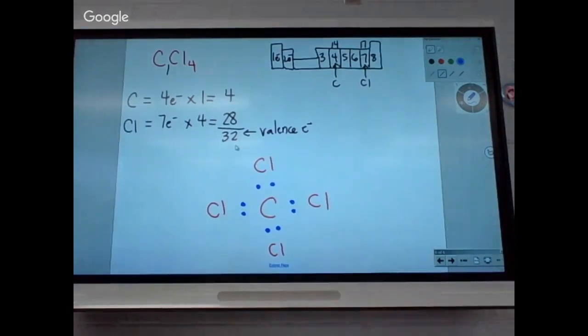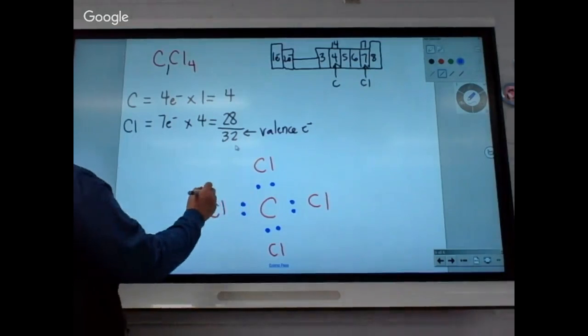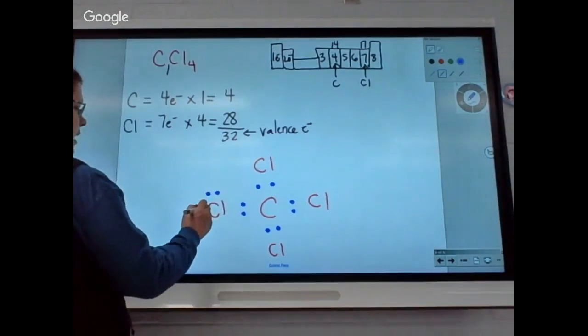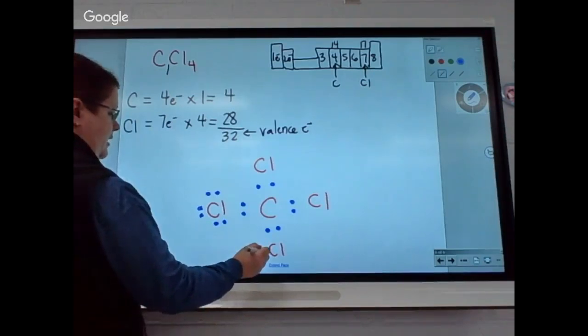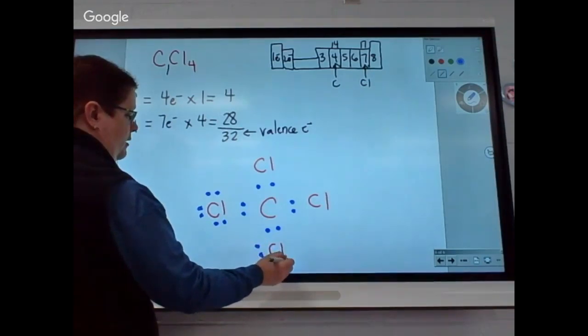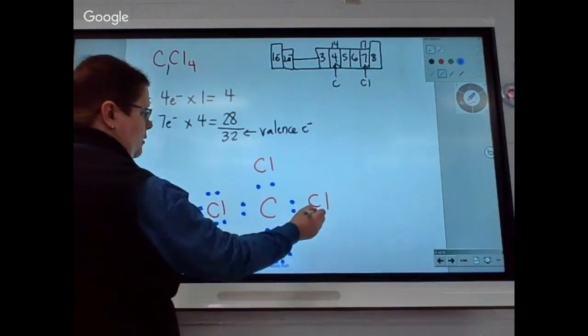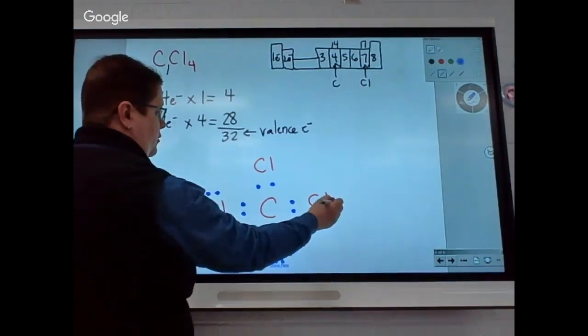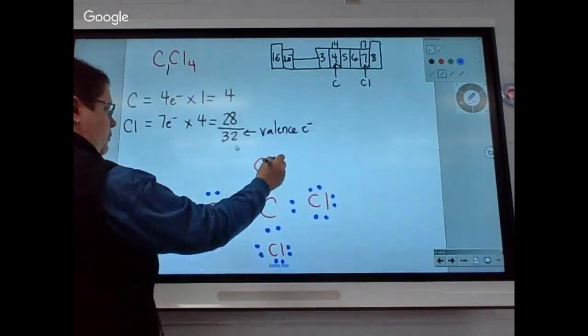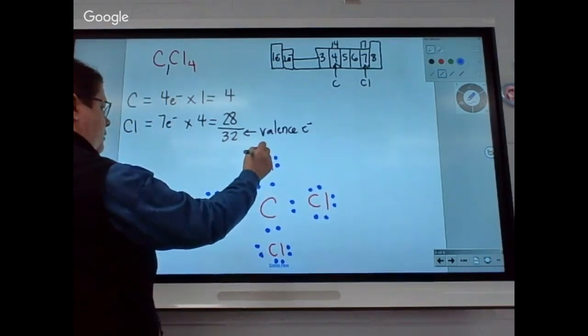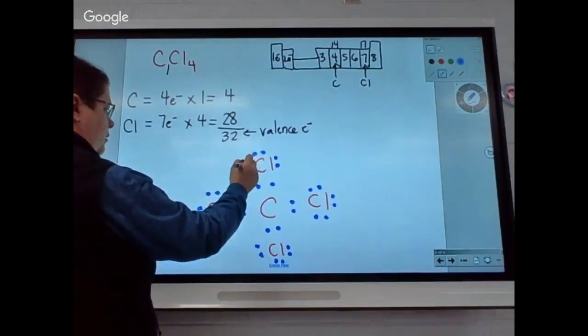Now, my carbon's full, so where am I going now? On to the chlorines: 8, 10, 12, 14. That's full. 16, 18, 20, 22, 24, 26, 28, 30, 32.